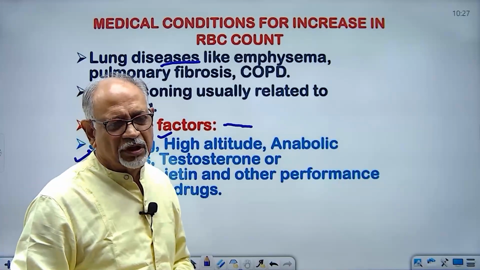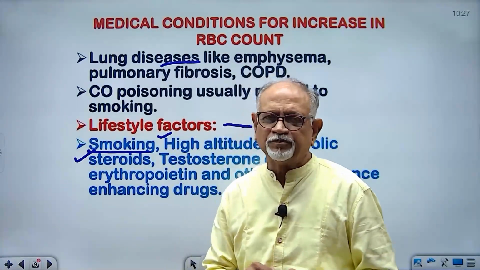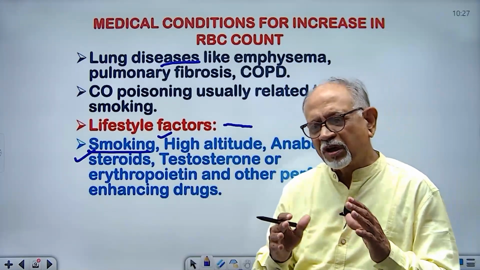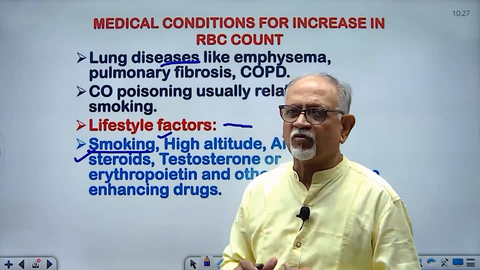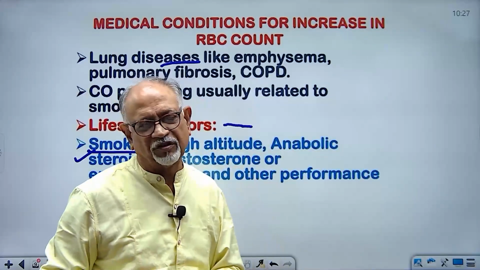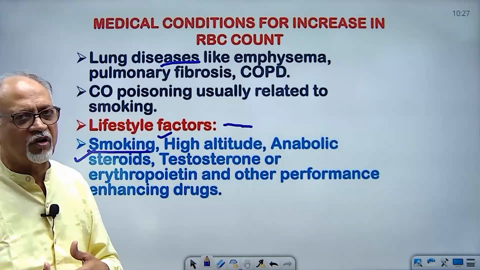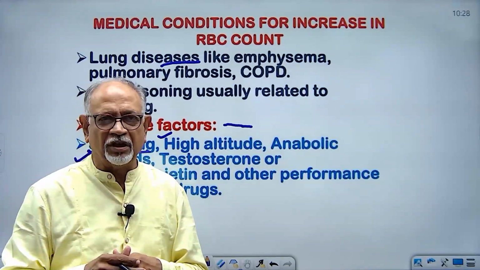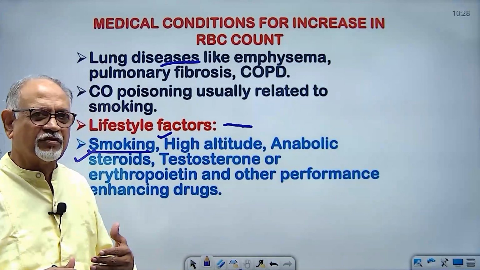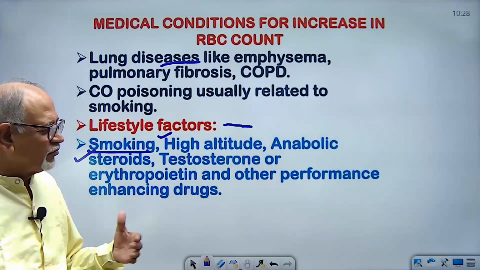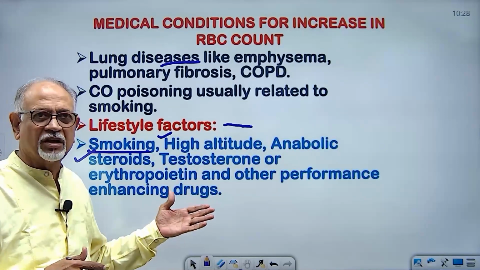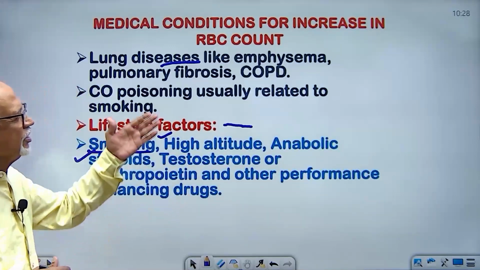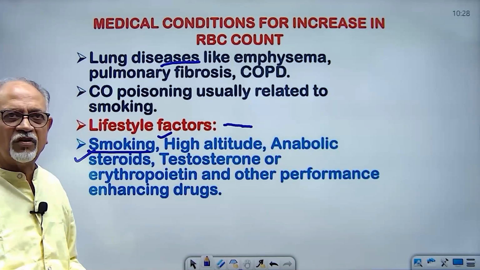As you know, in case of sports and other activities, when an athlete or any other person, a wrestler, wants to improve his performance, he needs more amount of oxygen to generate more energy, and for that he needs more number of RBCs. Therefore, certain drugs are taken, although it is illegal these days, but these drugs increase the production of RBCs.